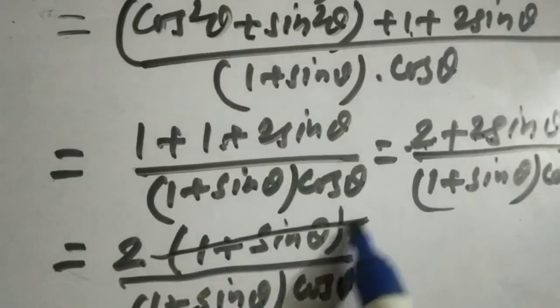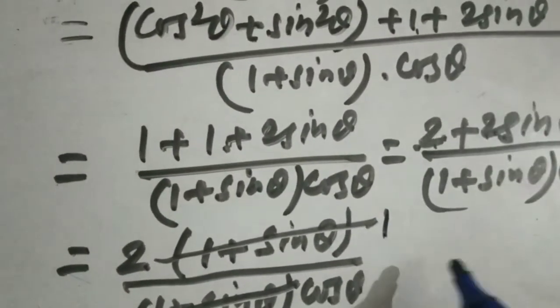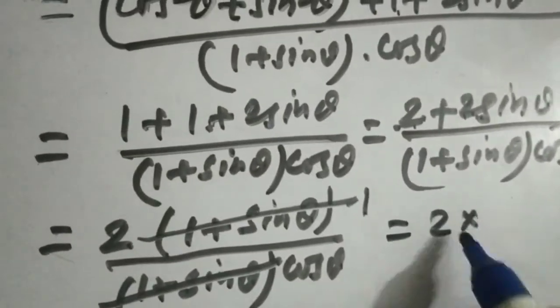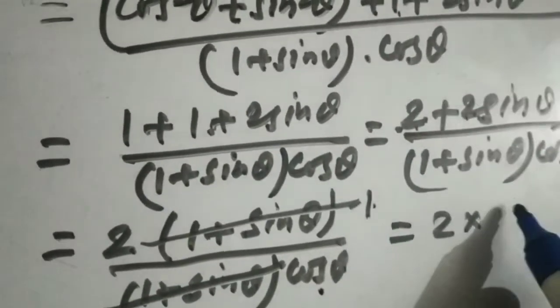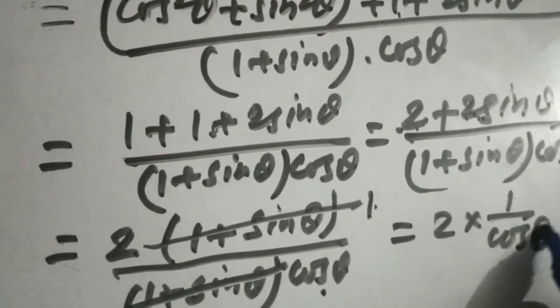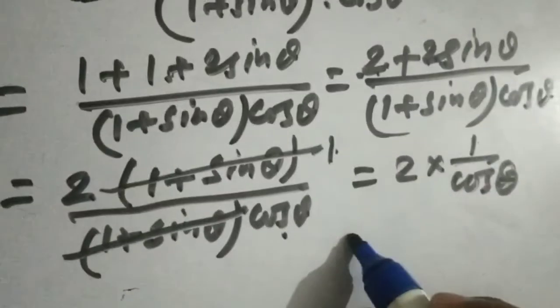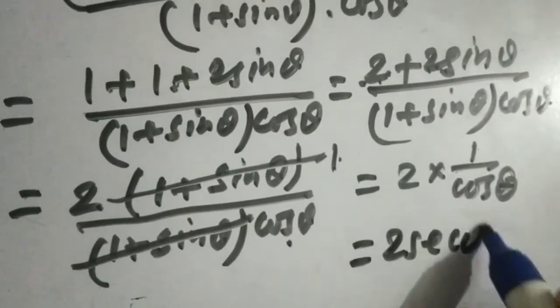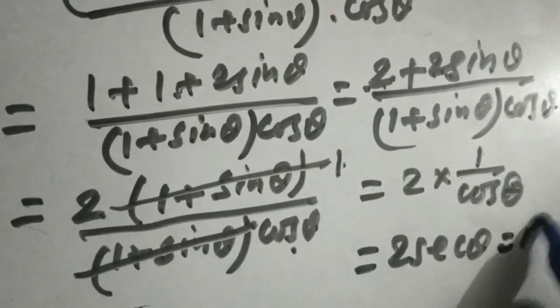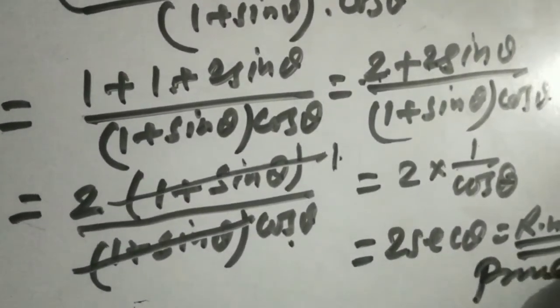Now 1 plus sine theta and 1 plus sine theta will cancel, so it will be 2 multiplied by 1 upon cos theta, and 1 upon cos theta is equal to sec theta, so it will be equal to 2 sec theta, which is equal to RHS. Proved. Okay.